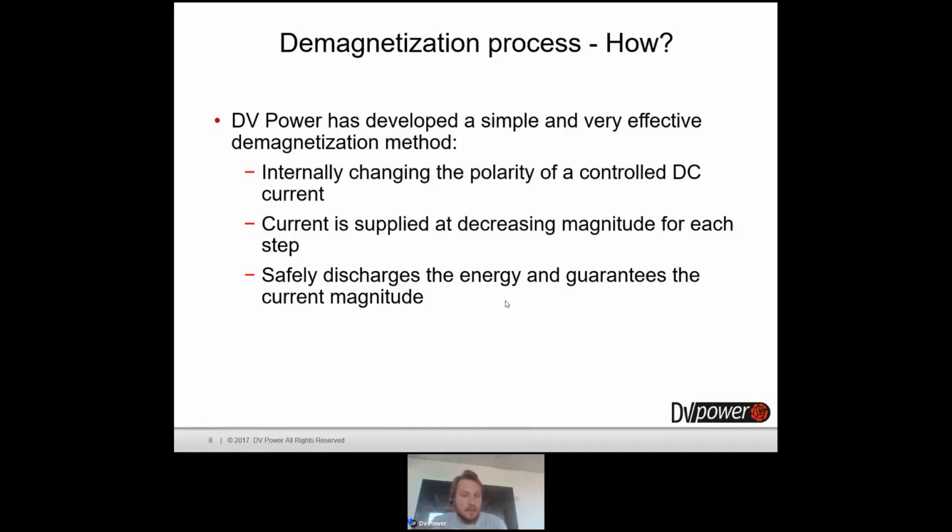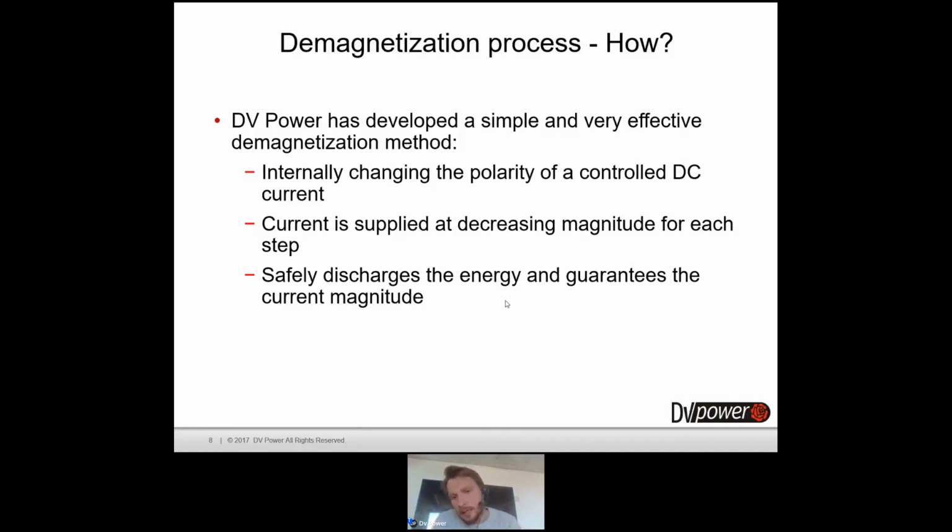So if we use DC current, we have almost zero frequency, which means a huge amount of flux. This enables us to perform the magnetization process using very low DC voltage, and we are able to demagnetize even the biggest transformer in the world.